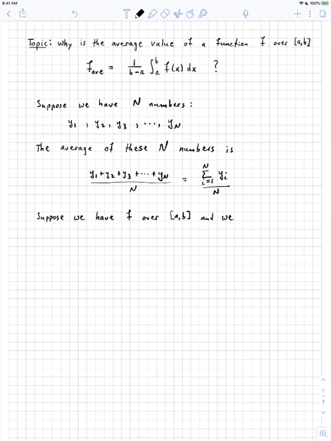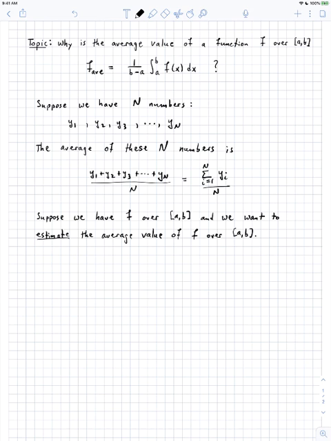We have f over ab, and we want to estimate the average value of f over ab. So how should we proceed?